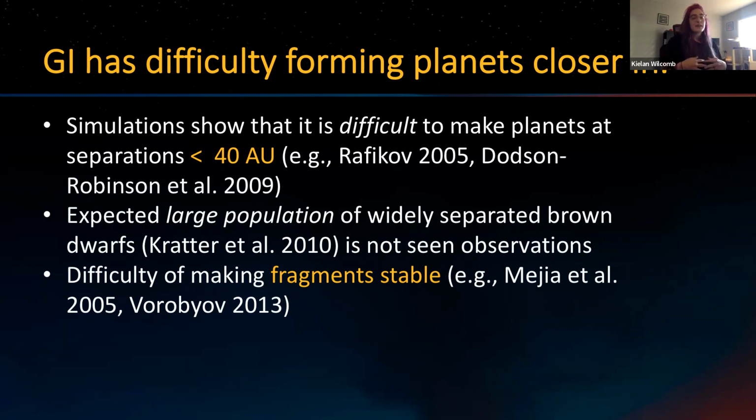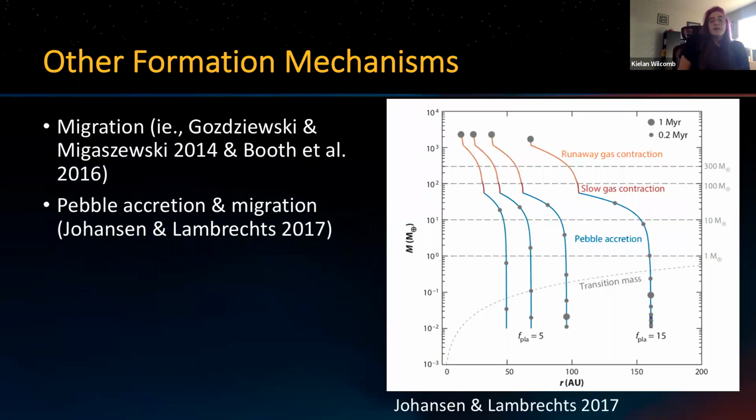If gravitational instability is so good at forming planets at wider separations, why have we not observed this group of objects? And lastly, gravitational instability simulations have difficulty making the disk fragments stable. So what about other formation mechanisms?